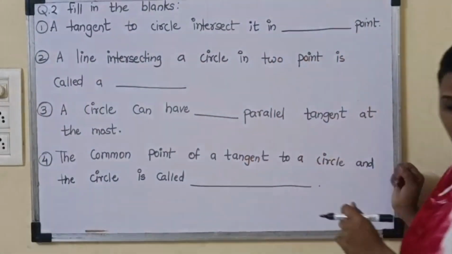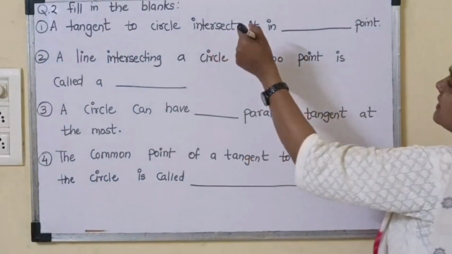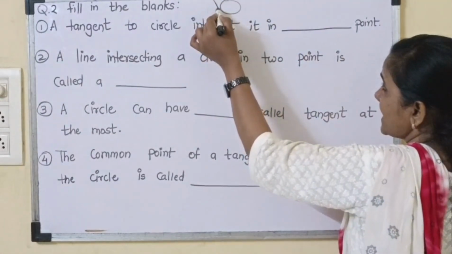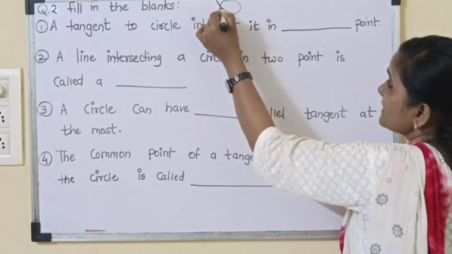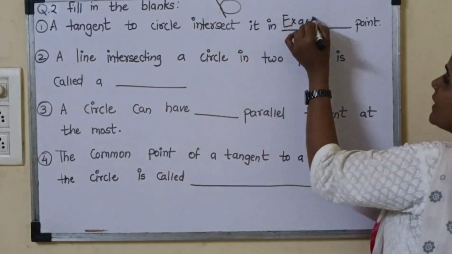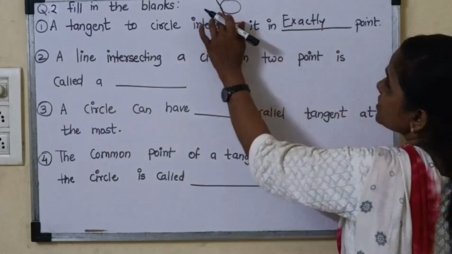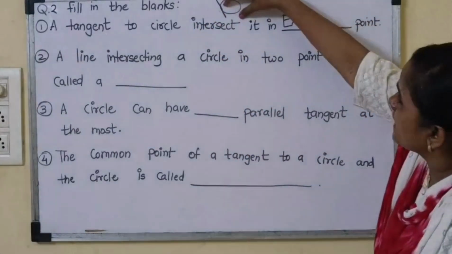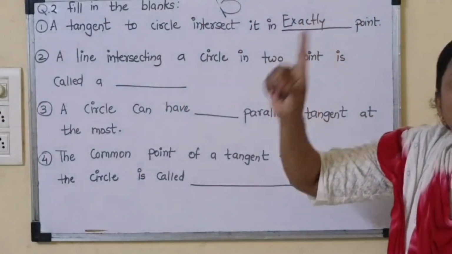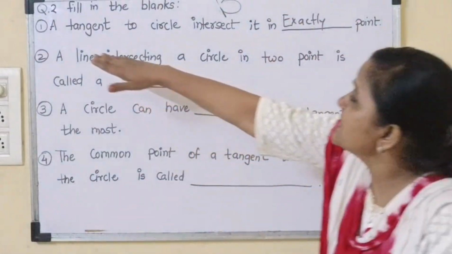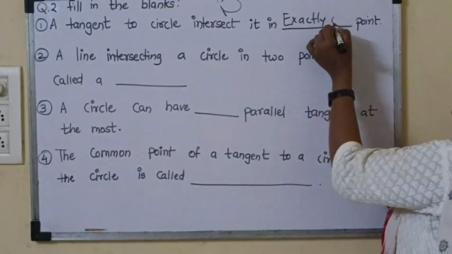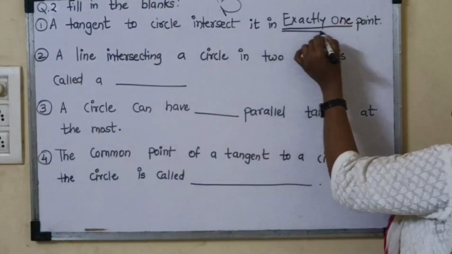Now this is the circle. If the tangent touches, that means it intersects the circle at exactly one point. Yes, it touches at only one point. See, here this is the circle and this line intersects it at only a single point. That means the answer, a tangent to a circle intersects it in exactly one point, is your correct answer.